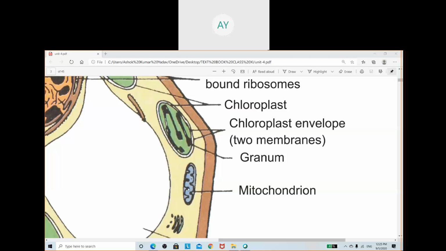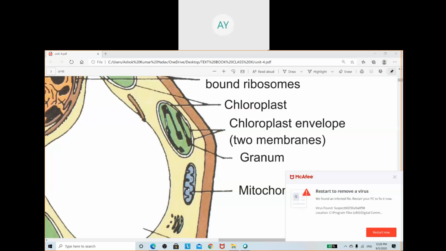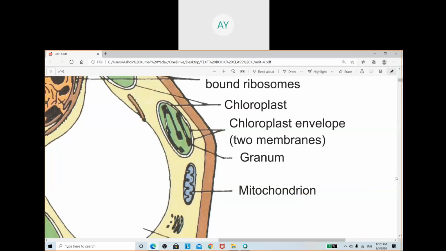Photophosphorylation, production of ATP in presence of sunlight and chlorophyll, that is known as photophosphorylation. Generally, this process occur inside the chloroplast. Photo means light. Phosphorylation means production of ATP.